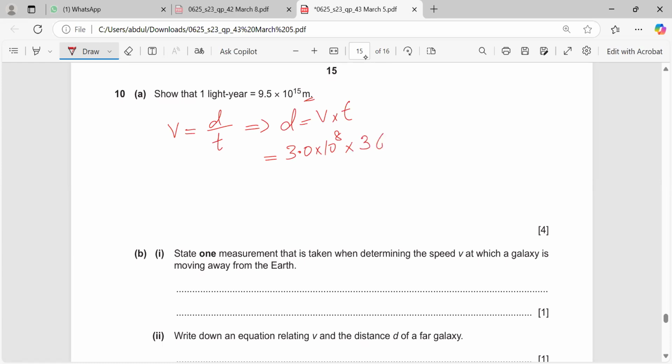Time is 365 days. Each day has 24 hours and each hour has 60 minutes and each minute has 60 seconds. When you simplify, you will get 9.46 times 10 raised to power 15. So you can round it off to 9.5 times 10 raised to power 15 meters.